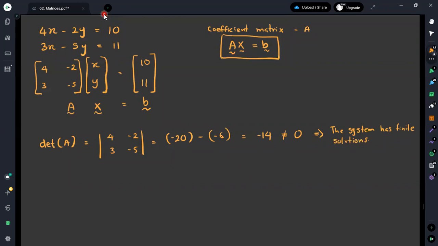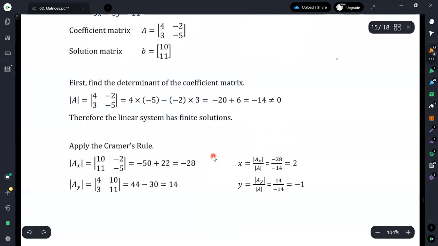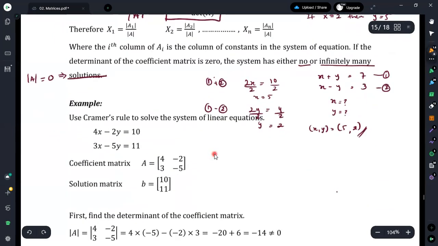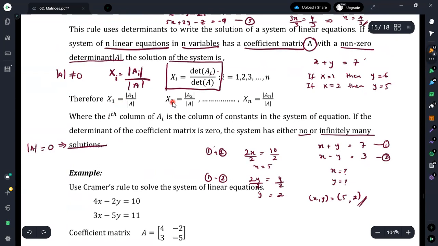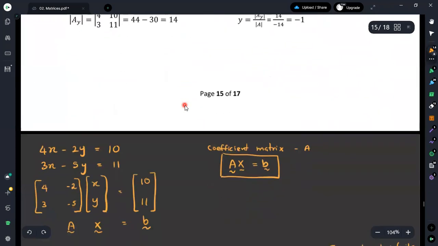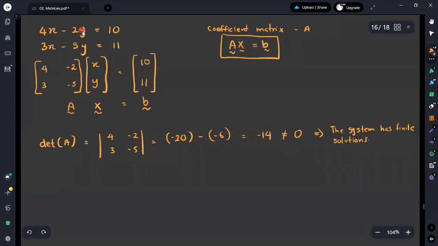Here, instead of x and y we had the values x1 and x2, but now we are using x and y.